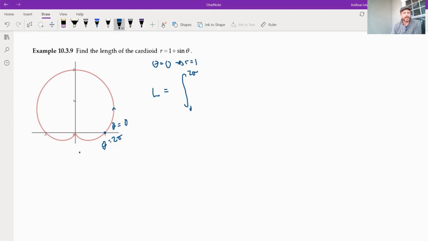And then we've got this nice expression: the square root of r squared plus (dr/d theta) squared, d theta. Okay, oops, too far. So let's see, dr/d theta. Well, we can do this all at once here.